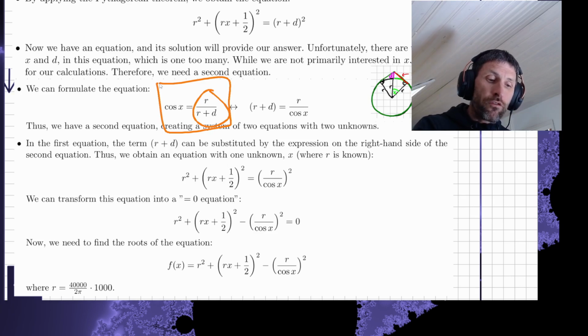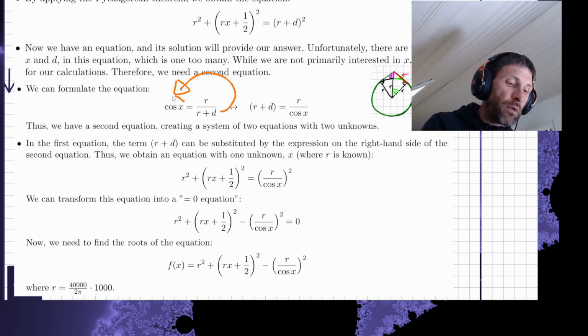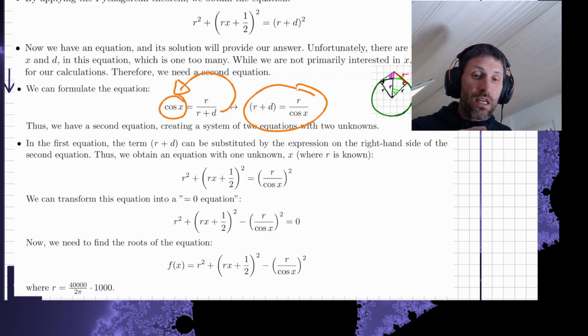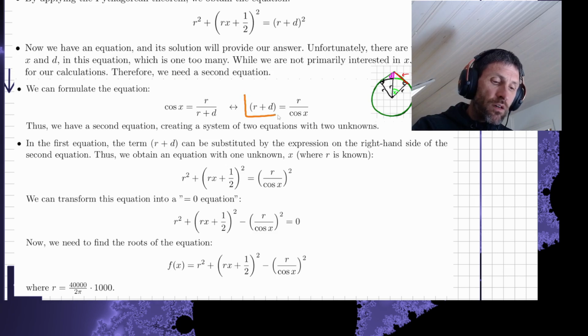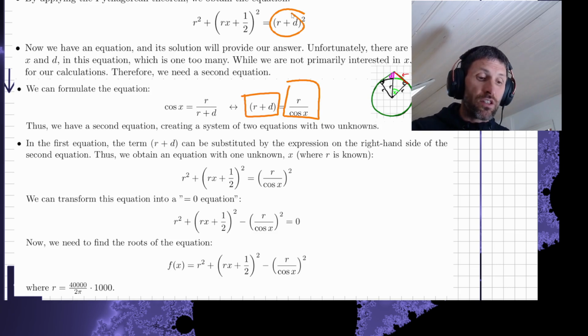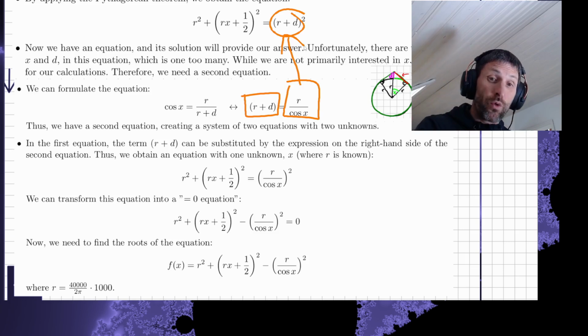We can reformulate, multiply by r plus d and divide by cosine x, and we end up here. What do we see? We have an r plus d, and this is equal to that. So r plus d can be substituted by that, and then we have no more d in the equation.